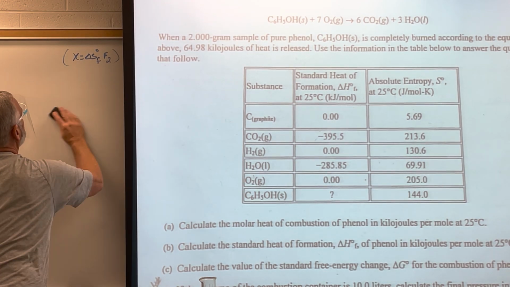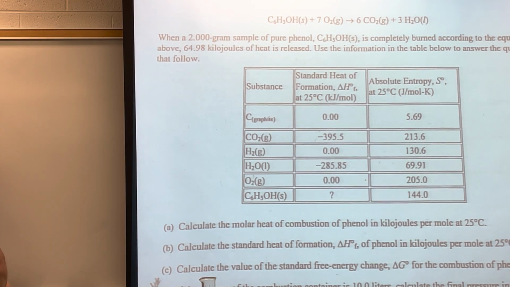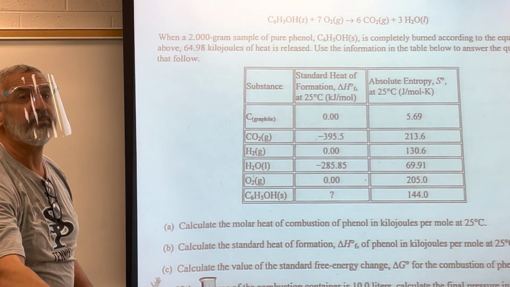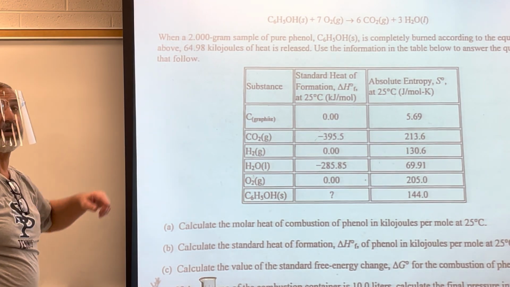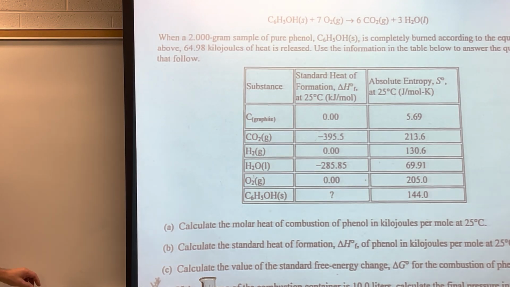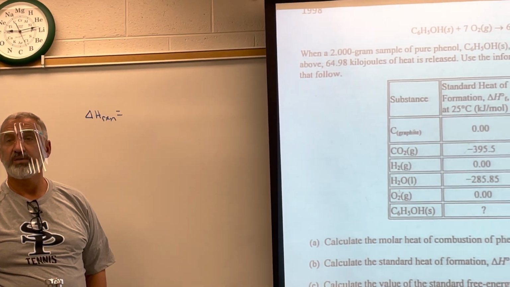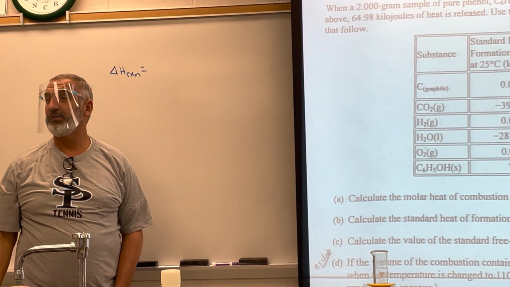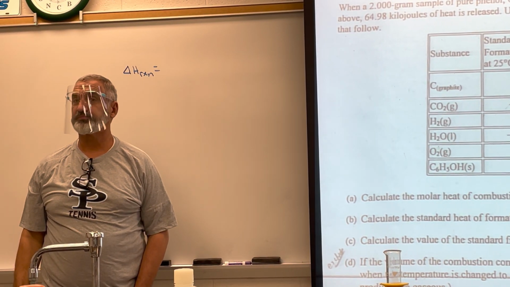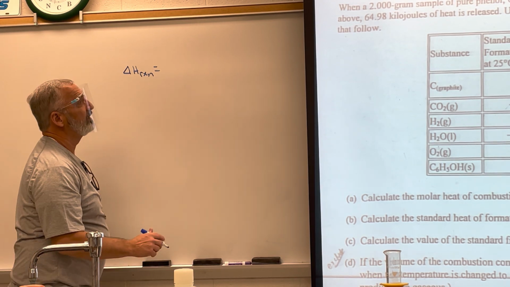Zoe said right before the break that that's the amount of heat per mole. This is the amount of heat per how much? 2 grams. So we just need to say then the delta H of the reaction. What do we think? Products minus reactants?